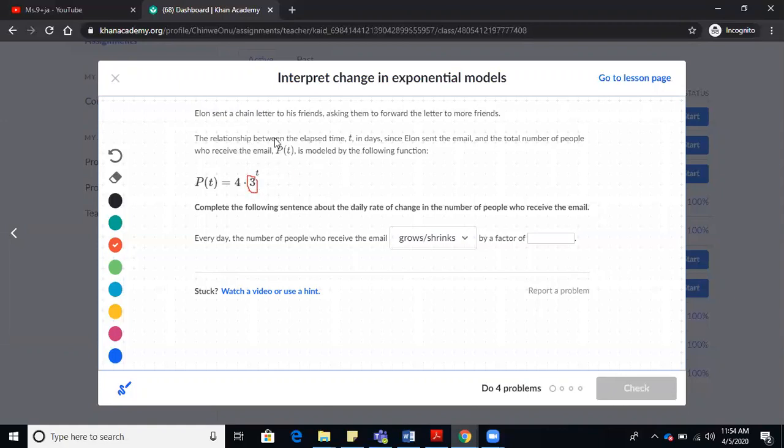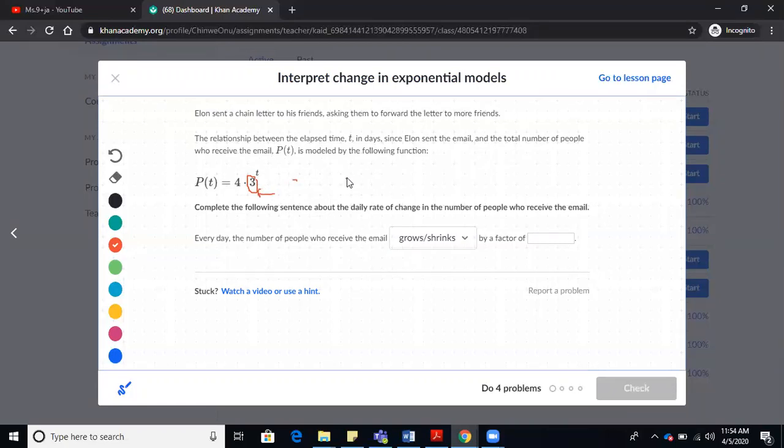So it has the relationship between the elapsed time t in days since Aaron sent the email and the total number of people who received the email, P of t, is multiplied by the following function. The first thing it says is every day the number of people who receive the email, and we have to say if it grows or shrinks. If this is greater than 1, you're going to say grow. If it's less than 1, then it shrinks.